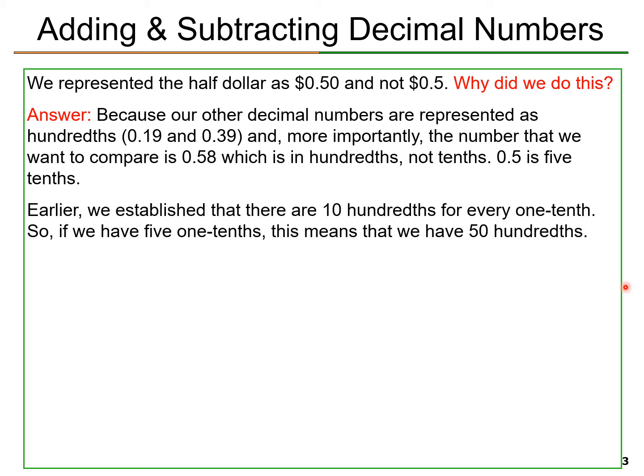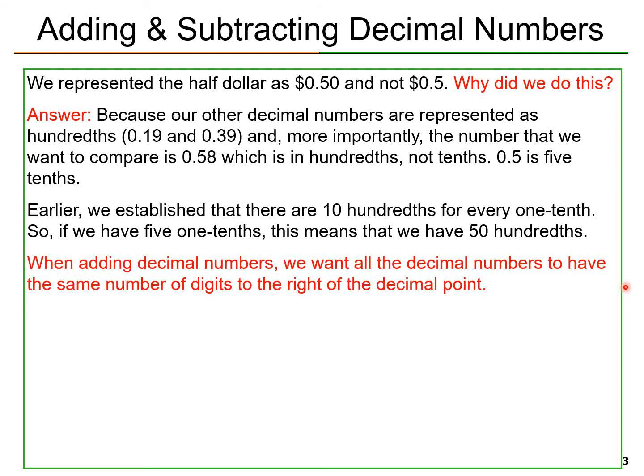Earlier, we established that there are 10 hundredths for every 1/10. So if we have 5 1/10ths, this means that we have 50 hundredths. When adding decimal numbers, we want all the decimal numbers to have the same number of digits to the right of the decimal point. And that's what we did up here.